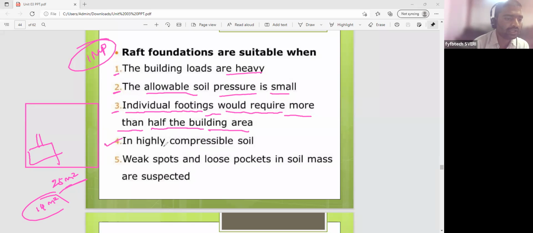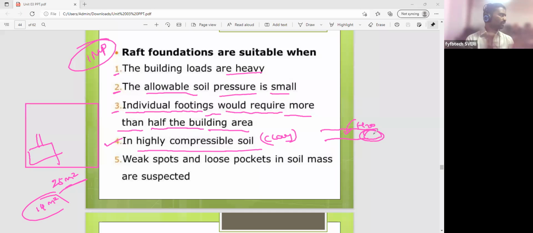Then, in a highly compressible soil, highly compressible soil is clay or black cotton soil. So what does highly compressible mean? The soil which comes in contact with water, what happens? It fully compresses.